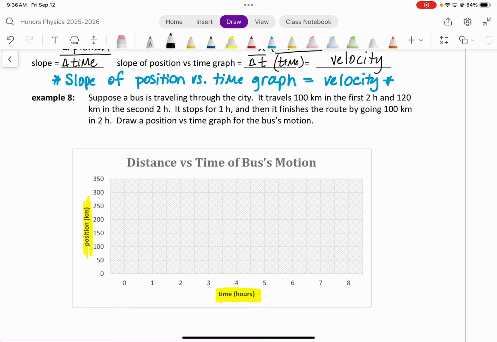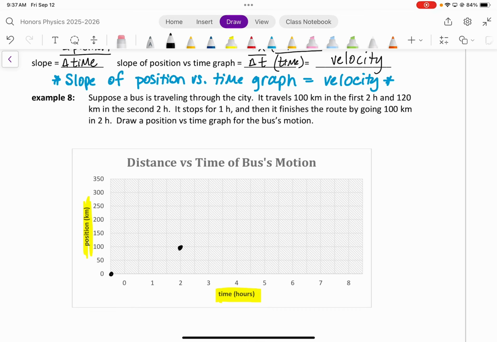It travels 100 kilometers in the first 2 hours. Okay, so first thing that I can assume is that because I'm not told any different, that this bus starts at position 0. All right, so when time equals 0, we're going to call that position 0. And after 2 hours, it is going to have traveled 100 kilometers. Make sense? Are we okay with that?